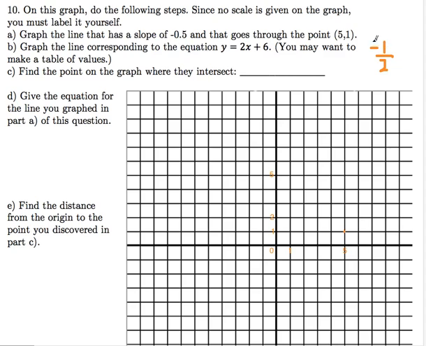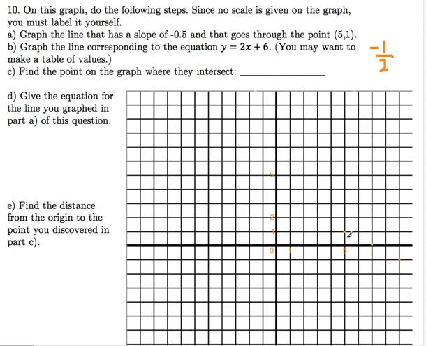I've got a rise of minus 1 and a run of 2. A rise of minus 1 means going down by 1, and a run of positive 2 means going to the right by 2. So I rise by minus 1 and run over 2.